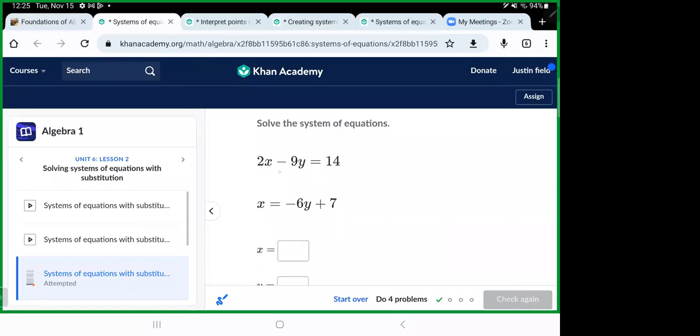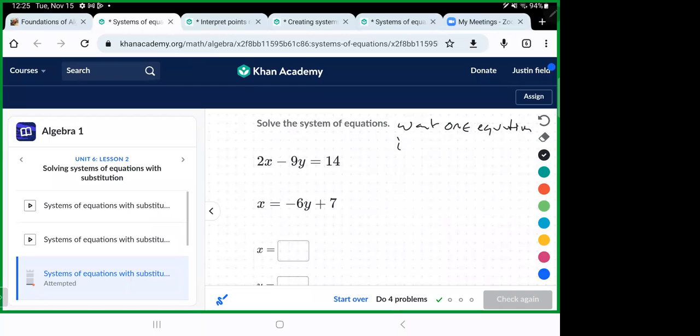So get ready, write this down, and let's go. When you solve using substitution, we want one equation in slope-intercept form. Okay, so you might need to rearrange to get there.